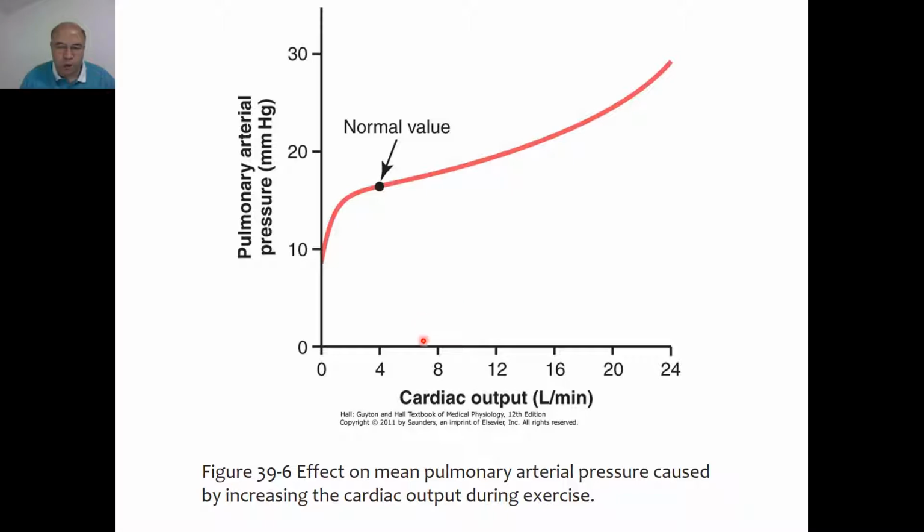Although the cardiac output increases 4 times, to 20 liters per minute during heavy exercise, the pulmonary arterial pressure does not increase that much. It increases a little bit, let's say from 16 or 17 to 25 or so.